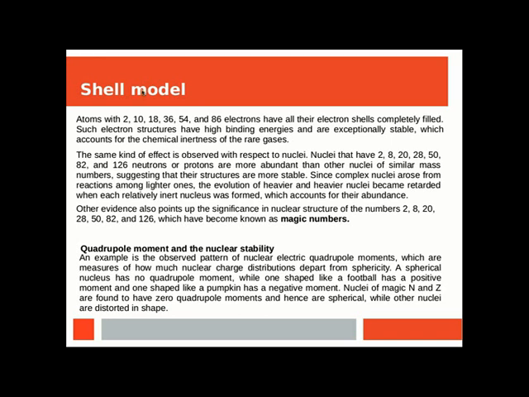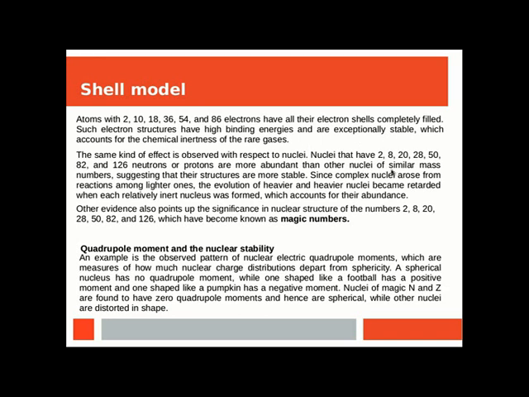So this type of significant numbers are also seen in case of nucleons, the arrangement of nucleons in the nucleus, similar to the electrons in case of atoms. So for nuclei, 2, 8, 20, 28, 50, 82 and 126, these are the significant numbers.